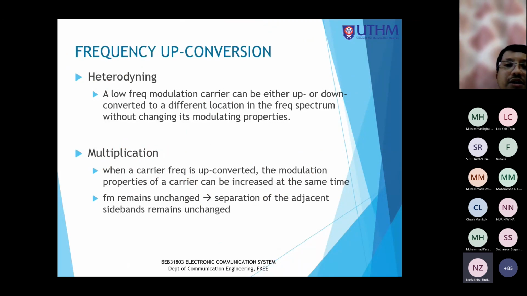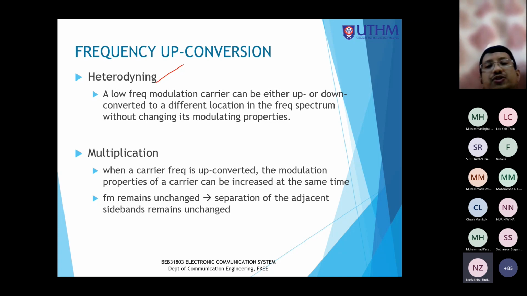There are two methods that we can use for frequency up conversion. The first one is heterodyning. Heterodyning means that we mix two signals, or mathematically we multiply two signals so that we have an upper and lower sideband. We take the upper sideband, which is the higher frequency.